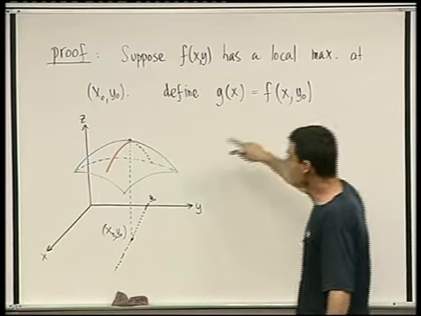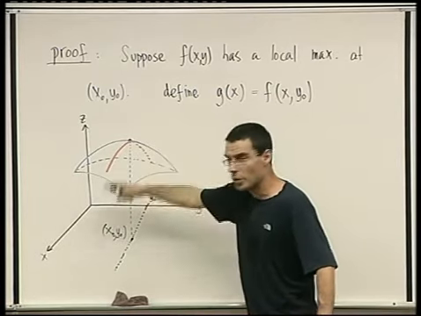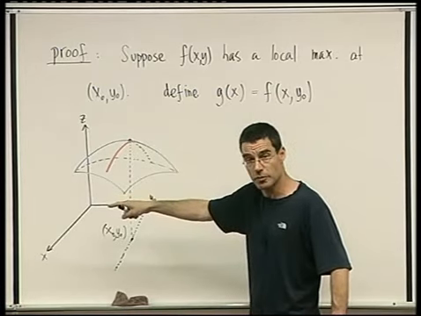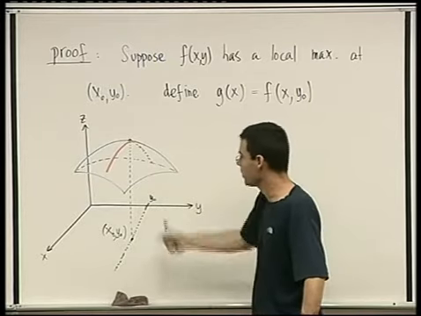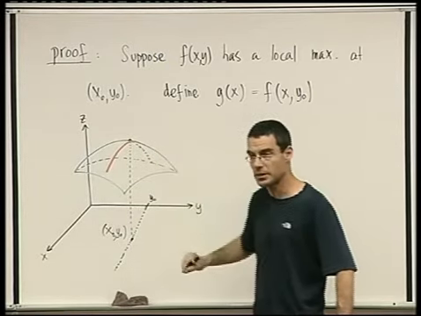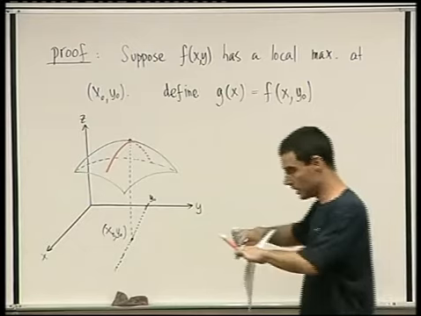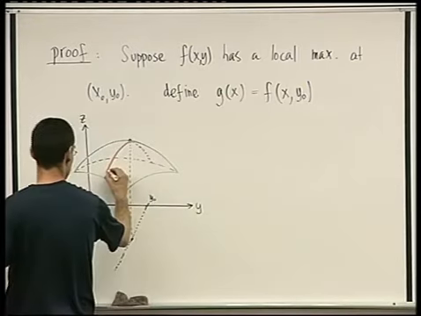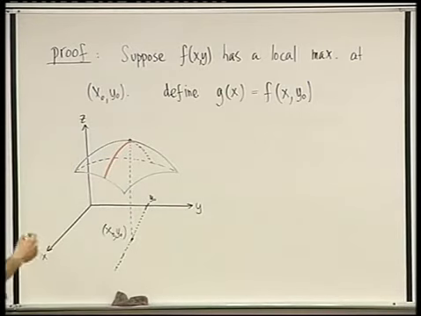So do you agree that the graph of g is precisely this orange curve? That's the graph of g. x varies, y0 is fixed. That's what I get. Does everybody see that? Okay, continue.